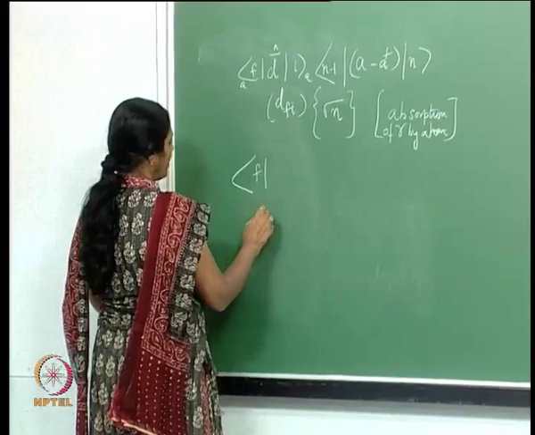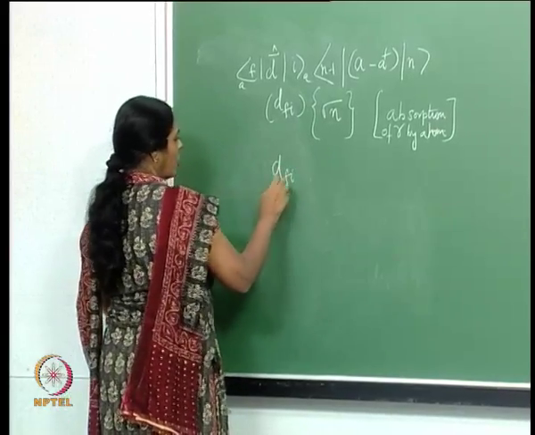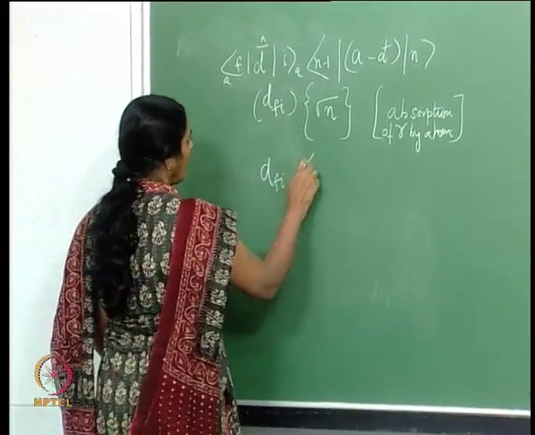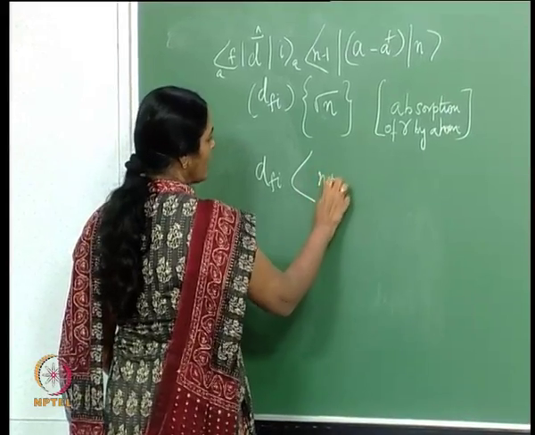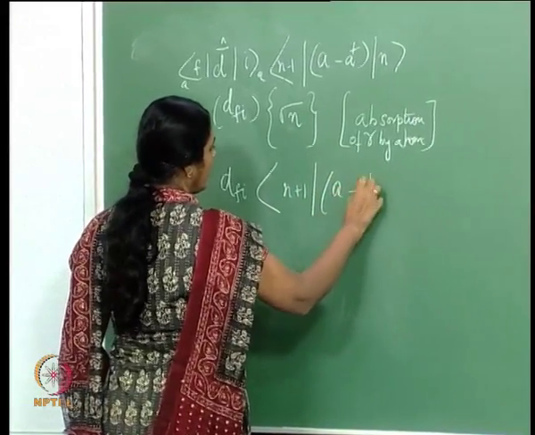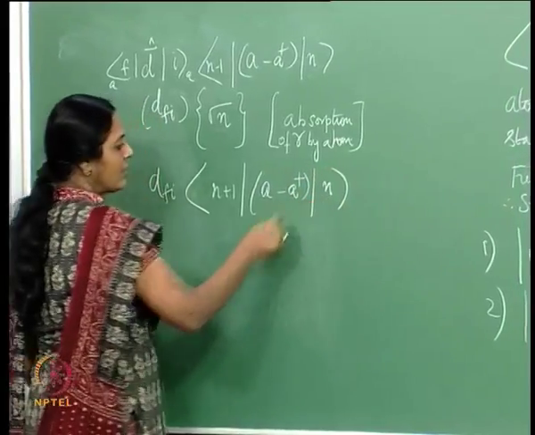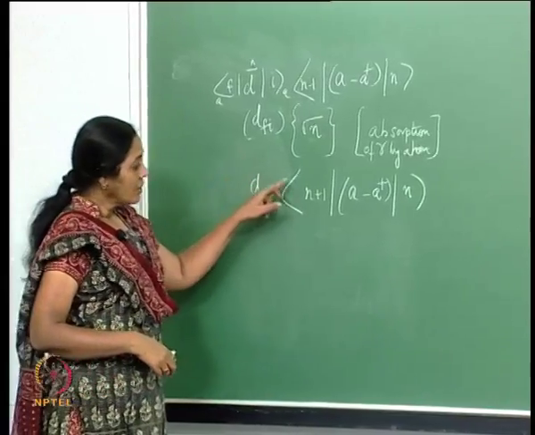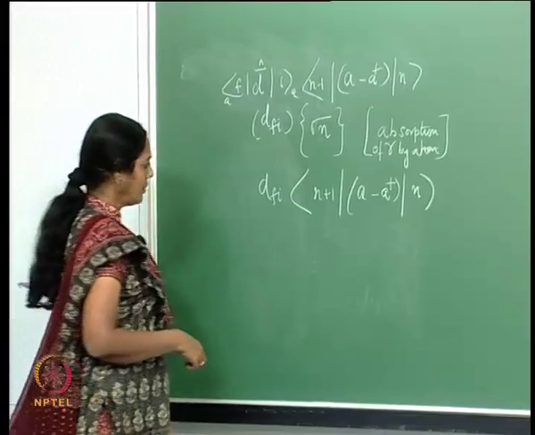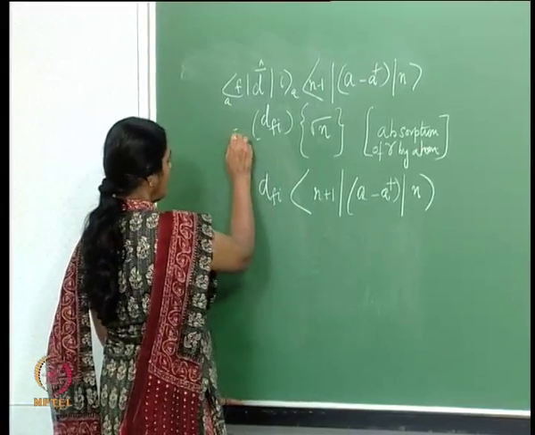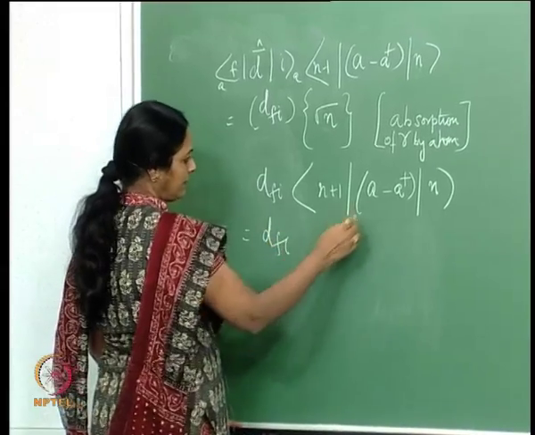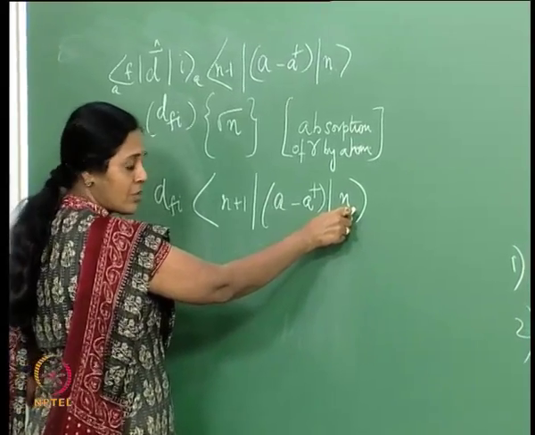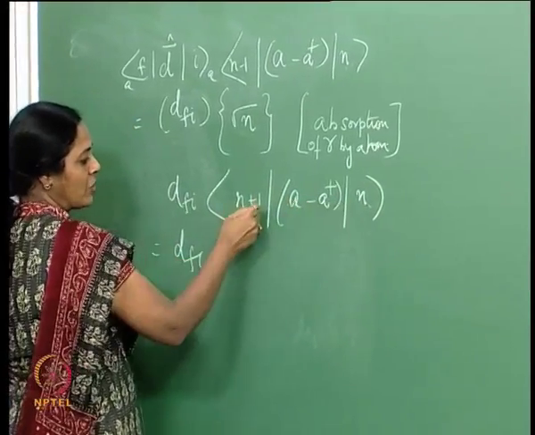Now you look at the second case. Once more I have the atomic dipole operator's matrix element dFi, and then there is a situation where the radiation field initially had n photons and finally had n plus 1 photons because the atom emitted a photon. Now what is this quantity equal to? This is dFi. A on ket n gives me ket n minus 1, and therefore that does not make a contribution.